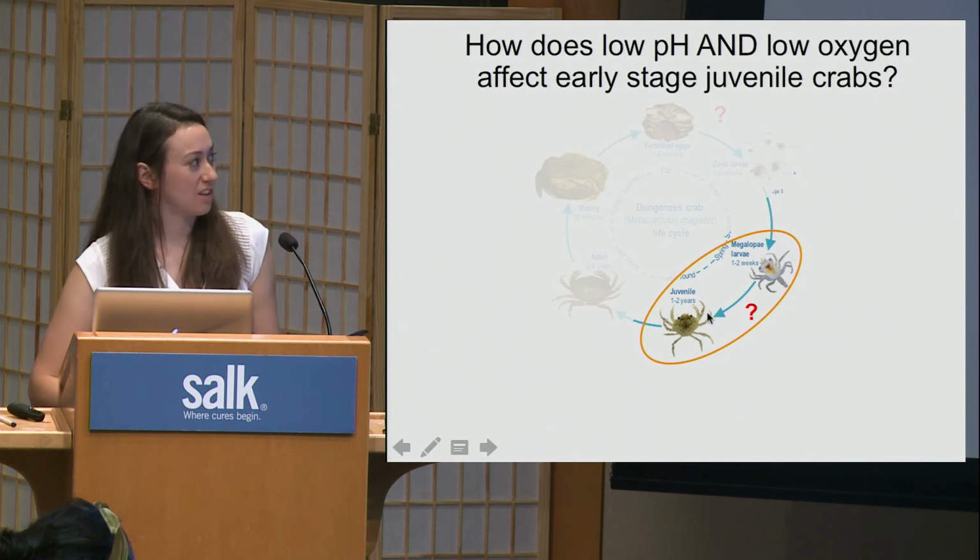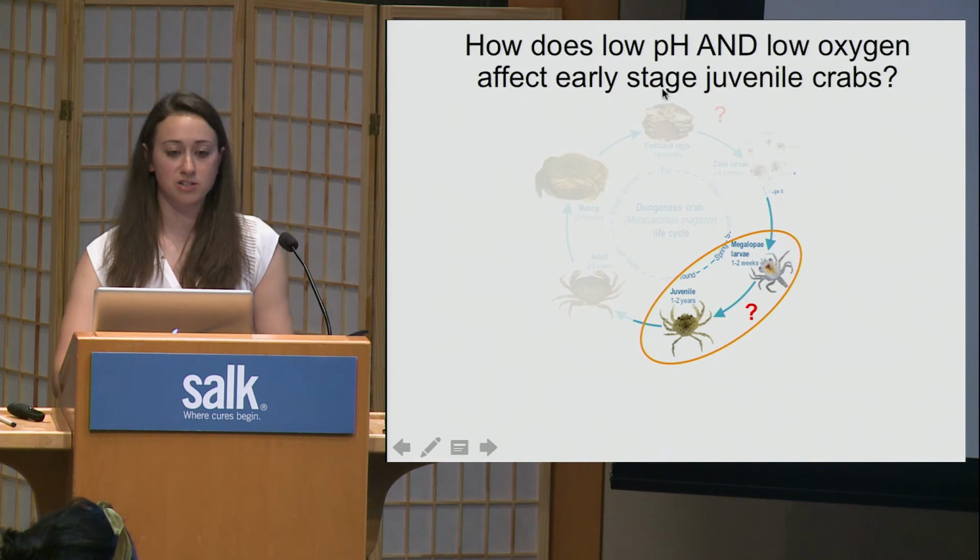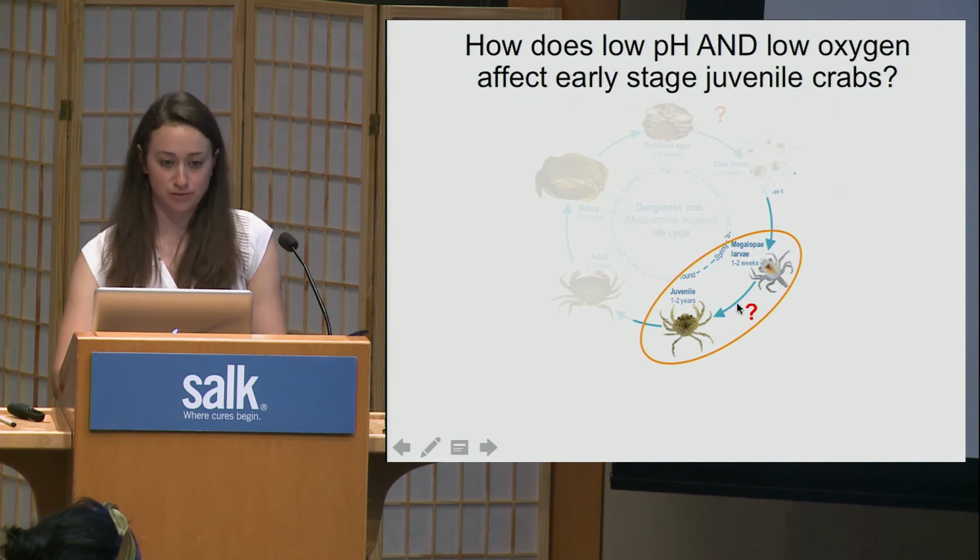And so I got to work on this follow-up experiment, which was looking at how low pH and low oxygen affect early stage juvenile crabs.